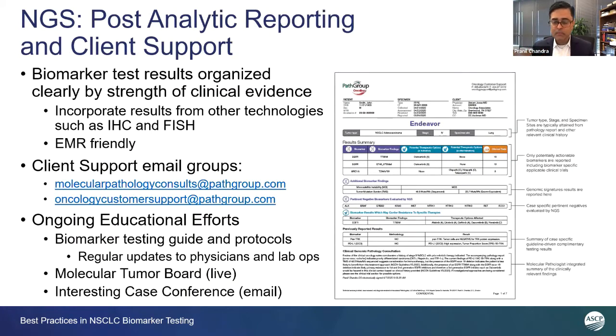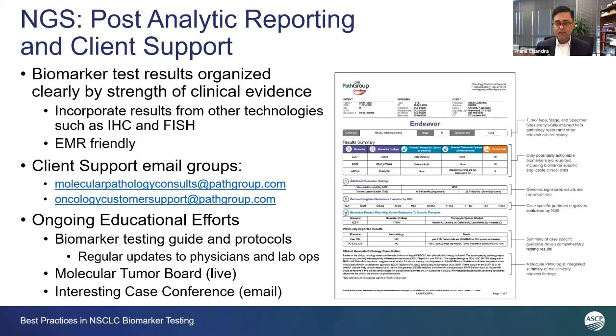Other things to keep in mind about the report that gets generated is the transmissibility into the electronic medical record. You have to design your report so that it is lucid and easy to follow. All of the information that comes out of your testing is right there and doesn't require a lot of time investment to understand what's going on for the patient.